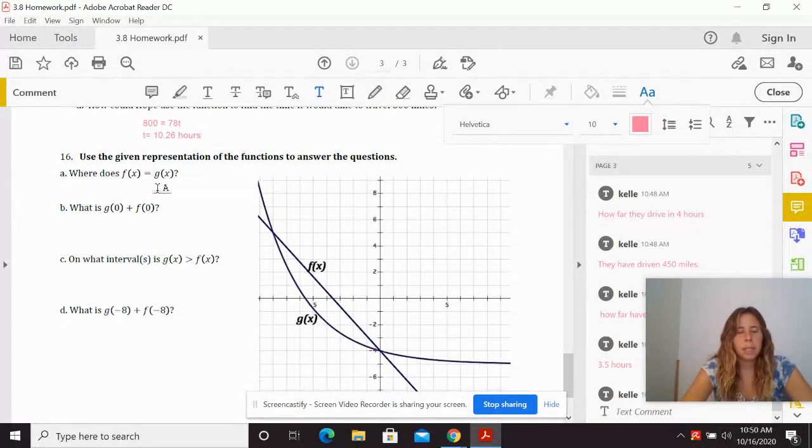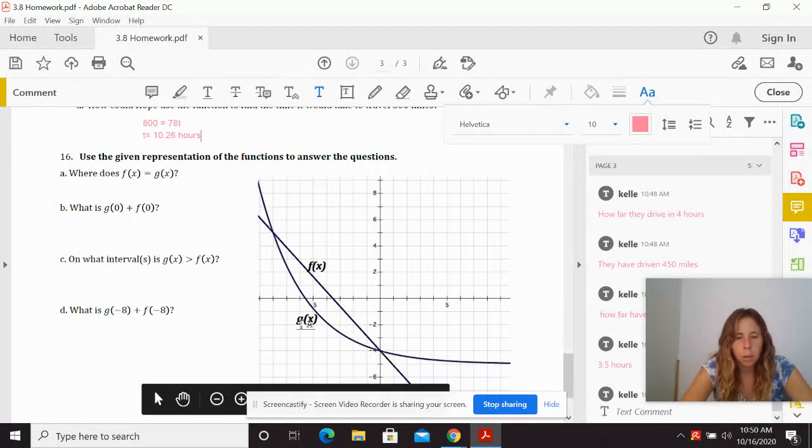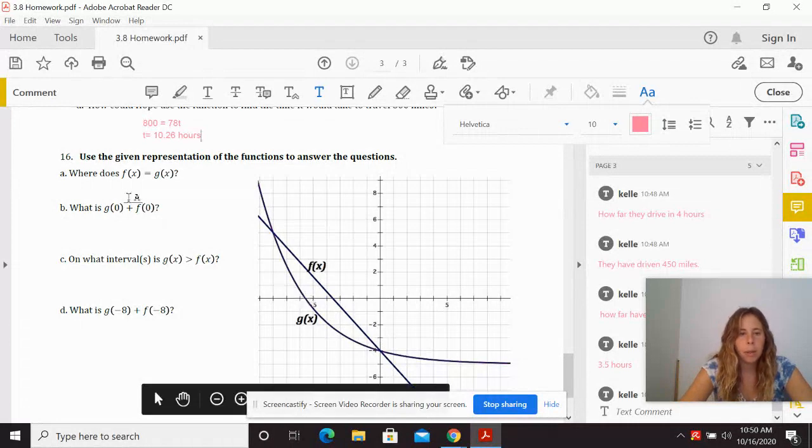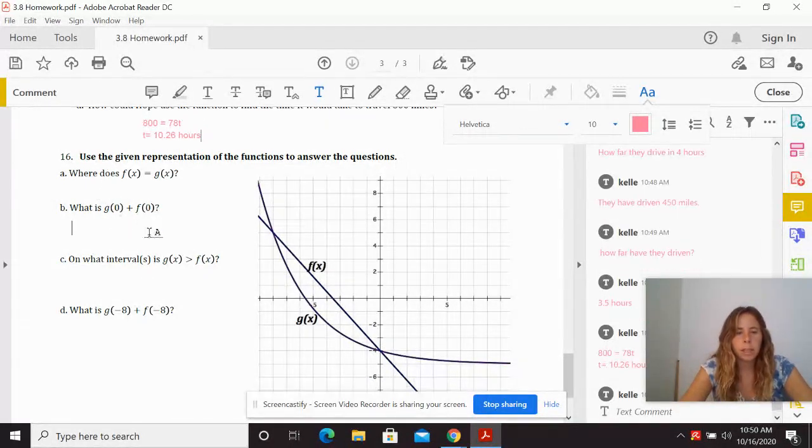Where does f of x equal g of x? Where they intersect. So -5, -6, -7, -8, 5, and 0, -4. So wherever they intersect is when they're equal. What is g of 0 plus f of 0? So your first thing is to figure out, well, what is g of 0? When x equals 0, what's the other value?